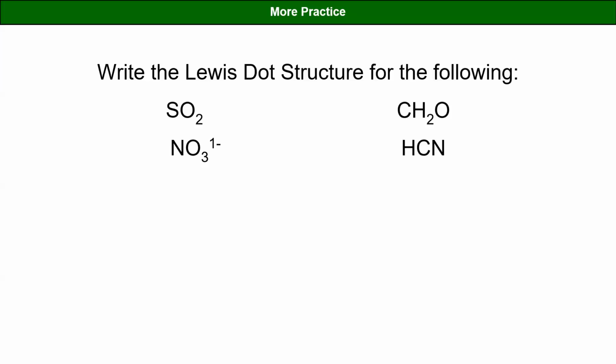We get 6 from the sulfur and then 6 from each oxygen too, right? So 6 electrons plus 2 times 6 electrons, 18 electrons total. Because they're in the same column, even though the sulfur is less electronegative than the oxygen, they have the same number of valence electrons.